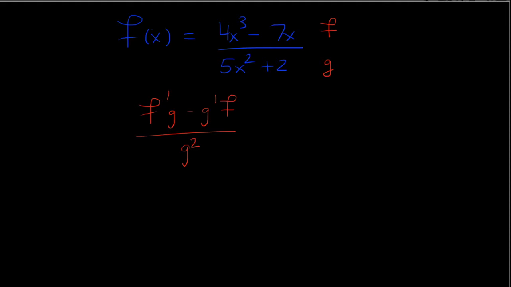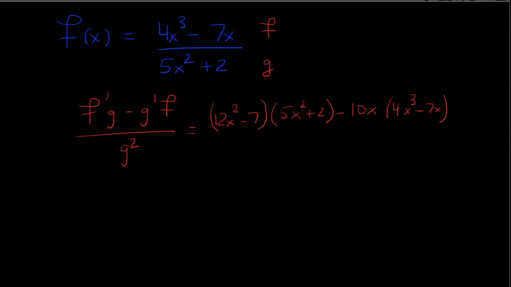The derivative of 4x cubed minus 7x is 12x squared minus 7. We're going to multiply that with g, which is 5x squared plus 2, minus the derivative of 5x squared plus 2, which is 10x, times 4x cubed minus 7x, all over 5x squared plus 2 squared.